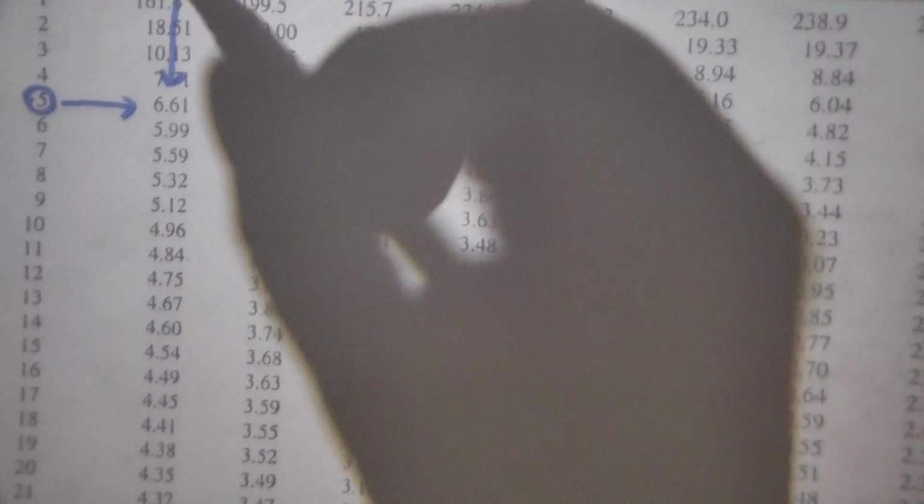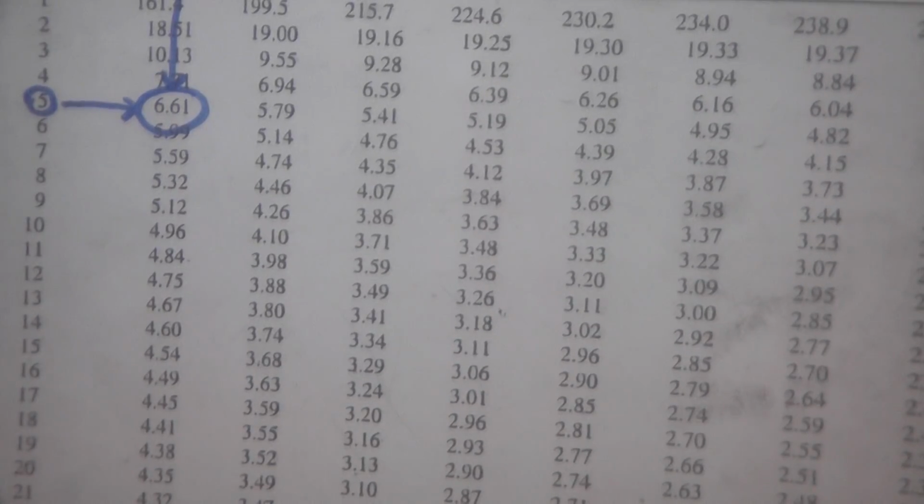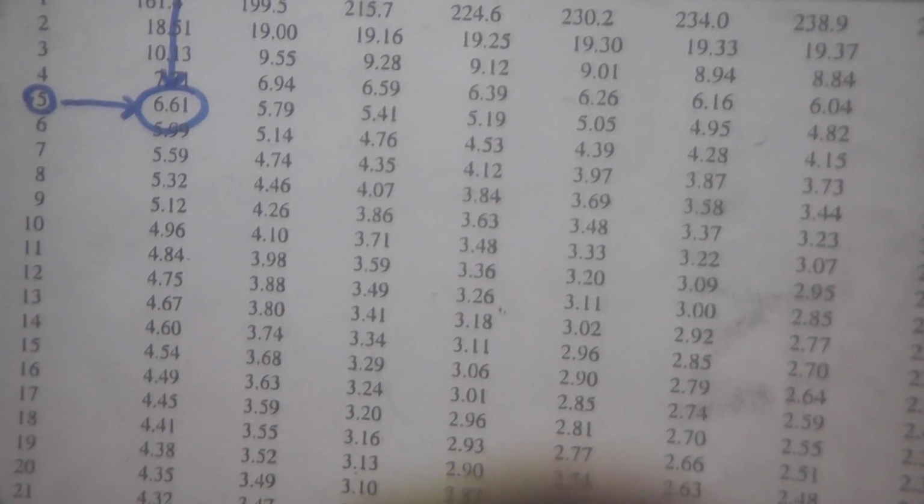So the intersection of the column and the row, degrees of freedom for the numerator 1 and degrees of freedom for the denominator 5. And the intersection gives me what? It gives me 6.61.